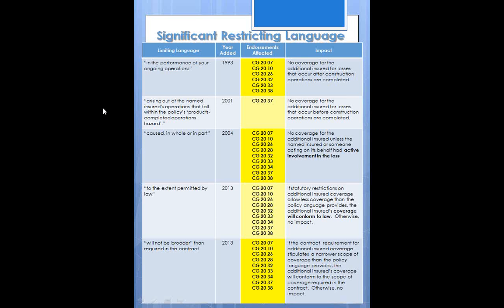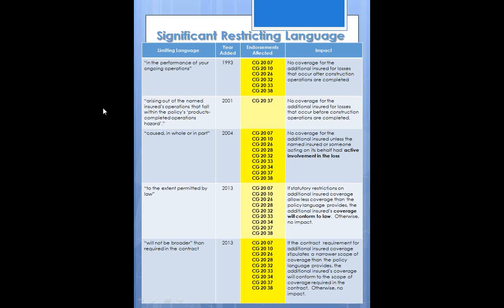So as you can see, the 2037 was created. It wasn't in the box at the top of 1993 when it's not there, but it came into being in 2001. So what happened is the old CG 2010, the October of 2001, or what we call the 10 of 01 edition, became only a premises additional insured endorsement.